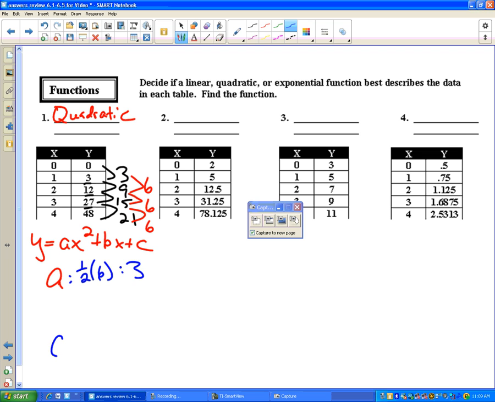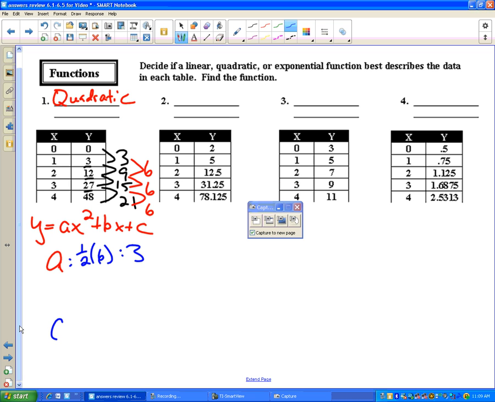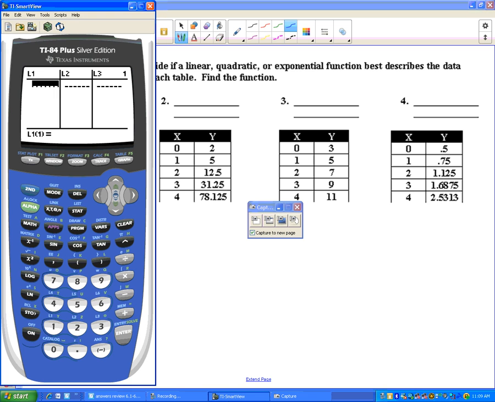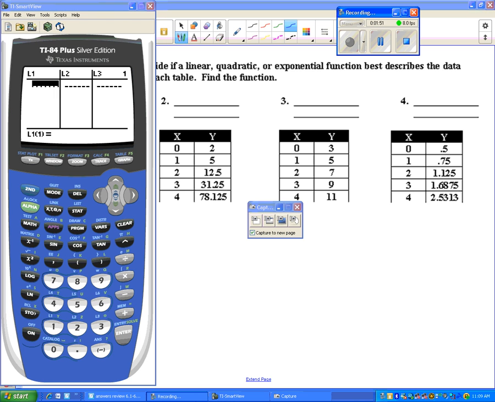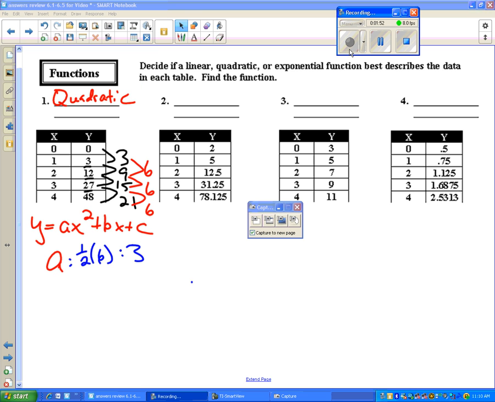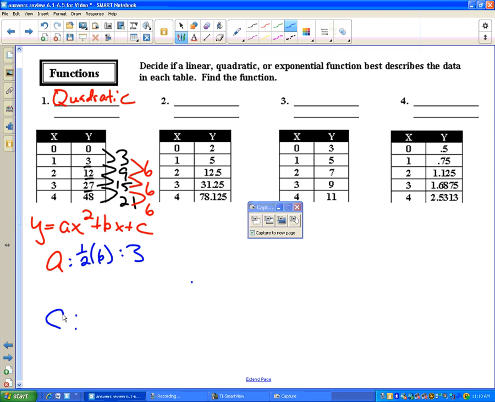C, I always like to do C next. So A is half of my second difference, so A is 3. C is y when x is 0, so C is 0. To find B, I need to do FUD.